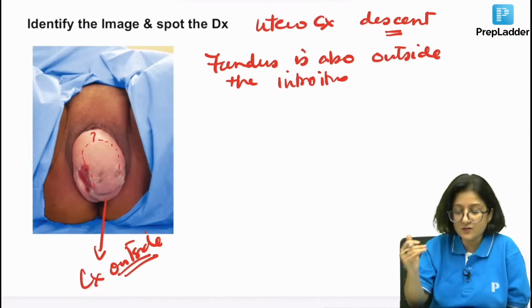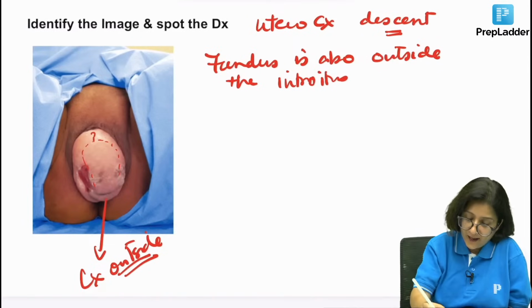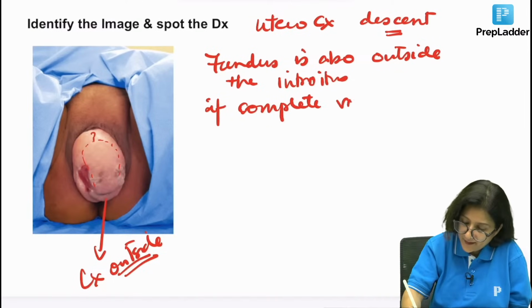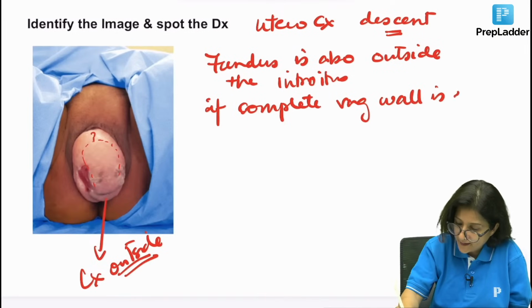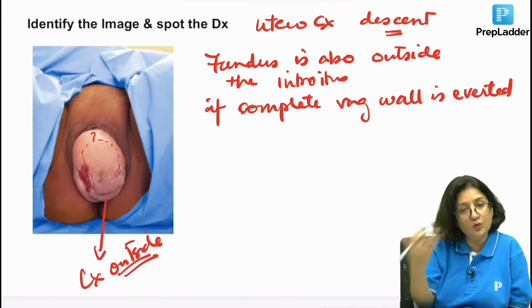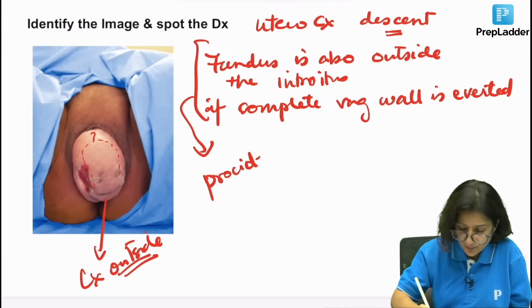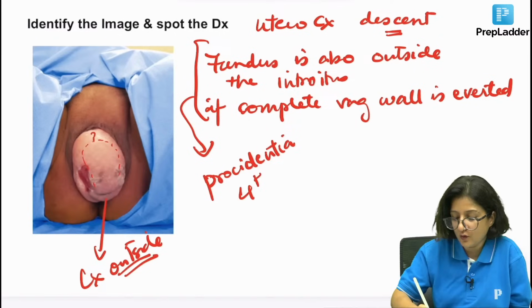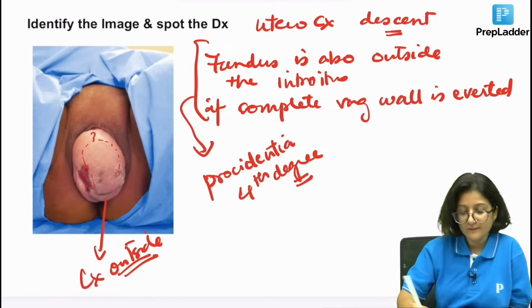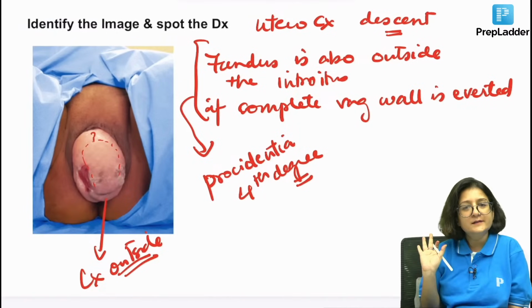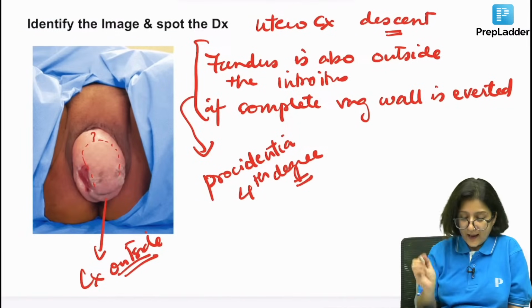If the fundus is also outside the introitus, if the complete vaginal wall is everted out, yes, if they mention this, then I say procidentia. That means 4th degree. Otherwise, for now, it is just the cervix that is outside. Right? Fine.